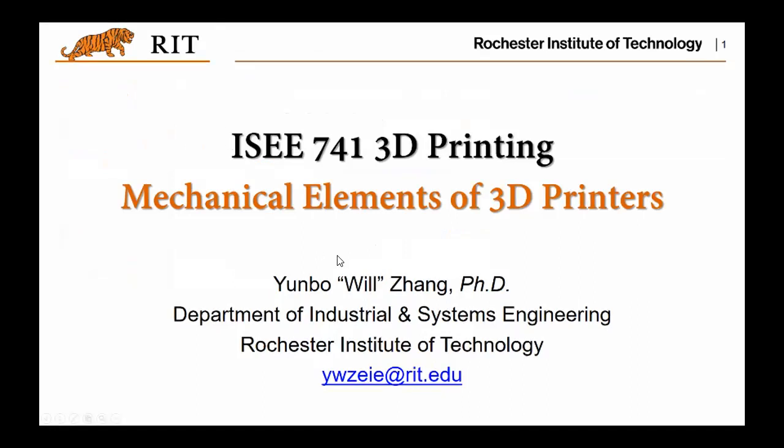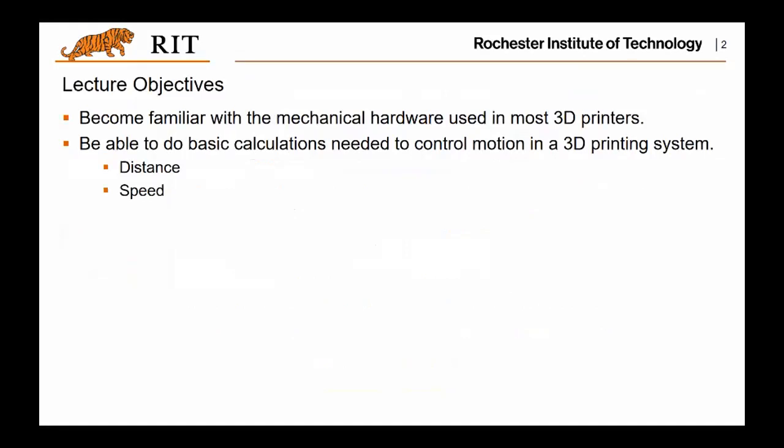So let's talk about some of the mechanical elements of 3D printers. So far we have talked about quite a few additive manufacturing processes, and you will see there are quite a few elements in common because of this layer by layer process. So let's have a more detailed look at those elements.